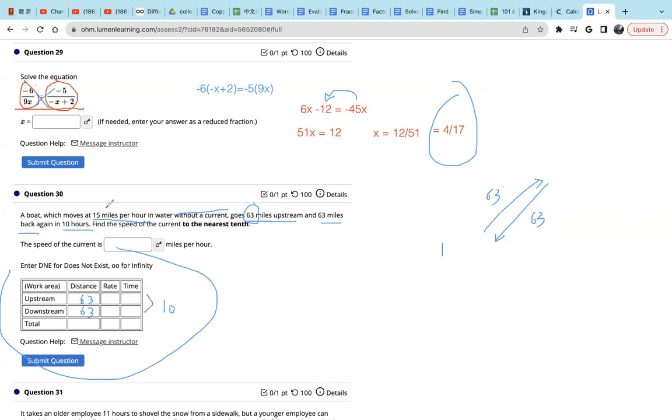So what about the rates given? A boat moves at 15 miles per hour in water without a current. So this is without a current. Downstream, upstream. Okay, use this.